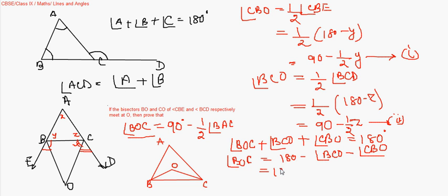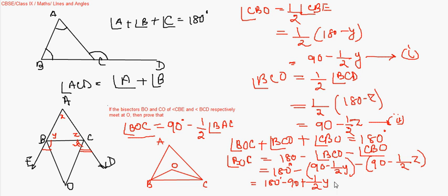So let us substitute our first and the second equation. BCO was 90 minus half Z, and CBO was 90 minus half Y. Let us remove the bracket, that will make 180 minus 90 plus half of Y minus 90 plus half of Z. On the other hand, I forgot to write angle, okay, this is BOC.